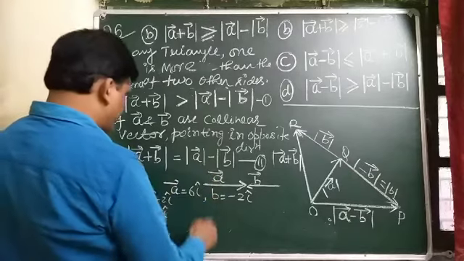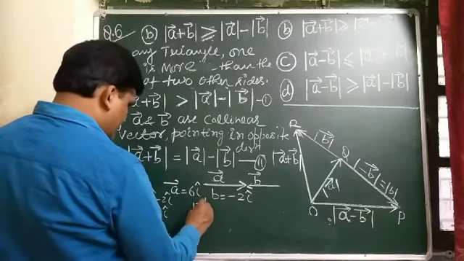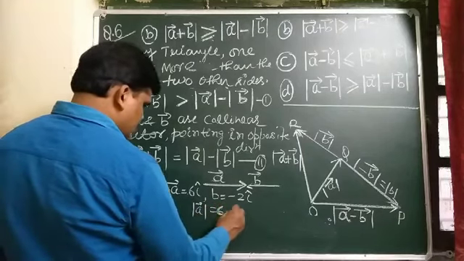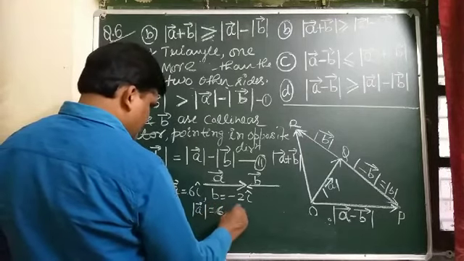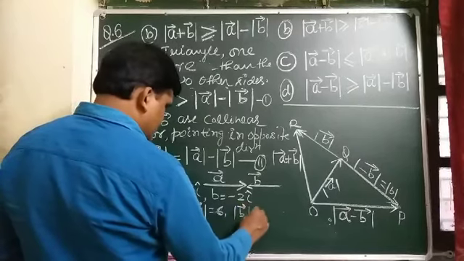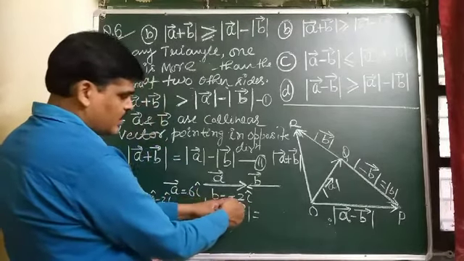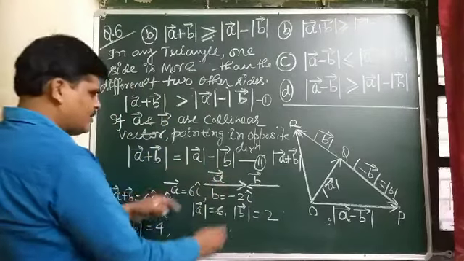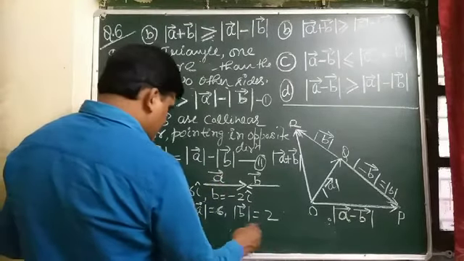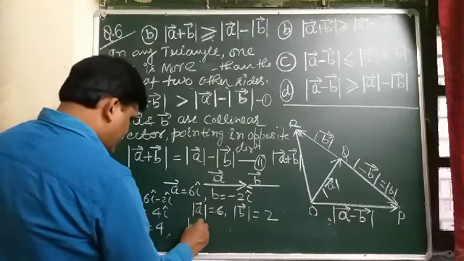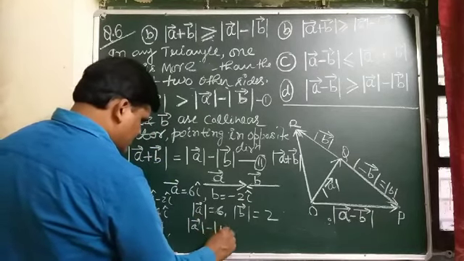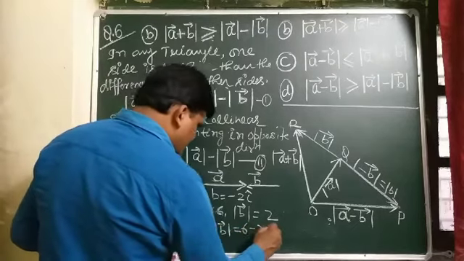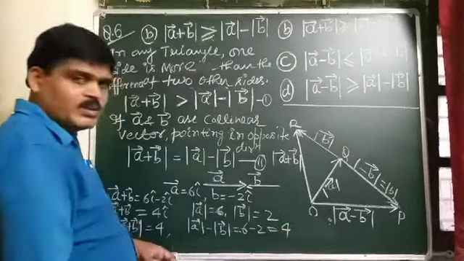Now mod of vector A is 6, and mod of vector B is also positive, 2, but we have to find mod vector A minus mod vector B, that is 6 minus 2, which comes out to be 4.